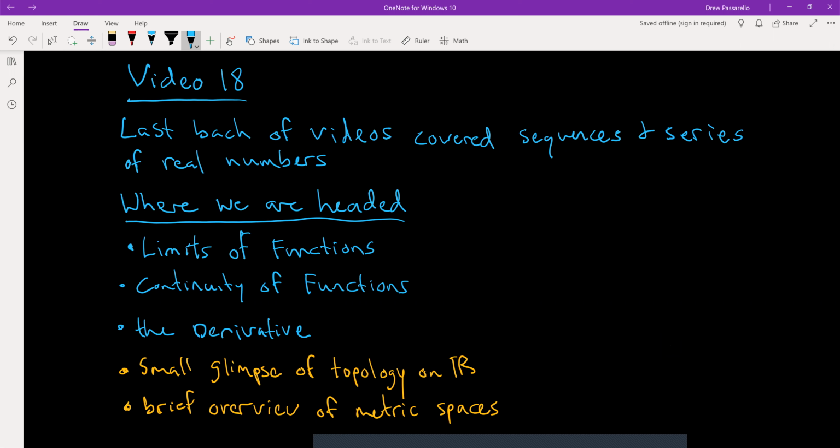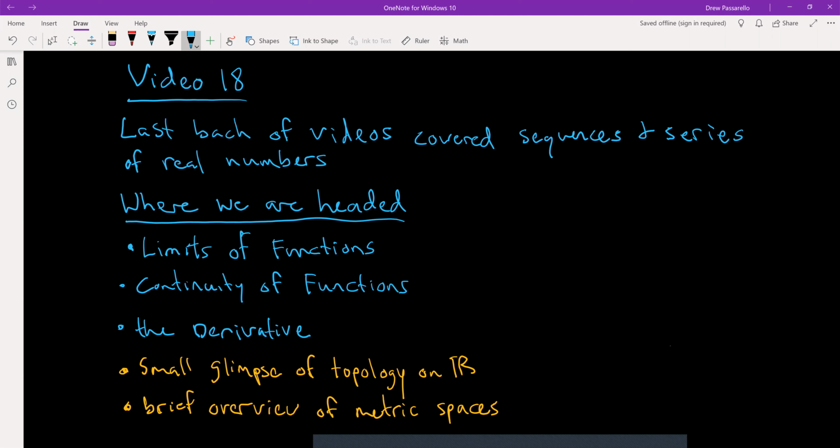We'll talk about the derivative, and what's in yellow or gold is depending on time. I guess really it's however amount of time I want to make these, but I will go into a small glimpse of the topology on the real numbers and then a brief overview of metric spaces. All right, so that's where we are headed.